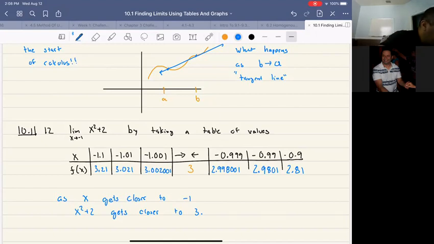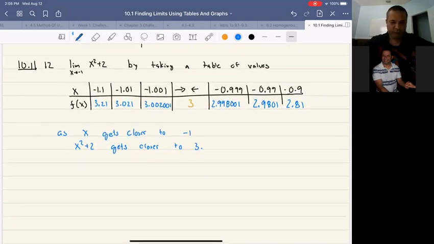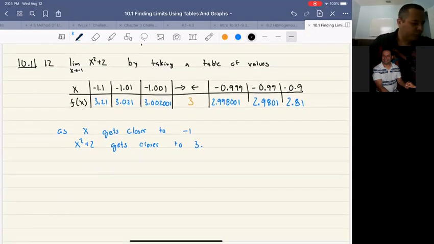Okay, so let's do another one. Let's do 20. Here, it gives us the directions to make a table to find each limit.